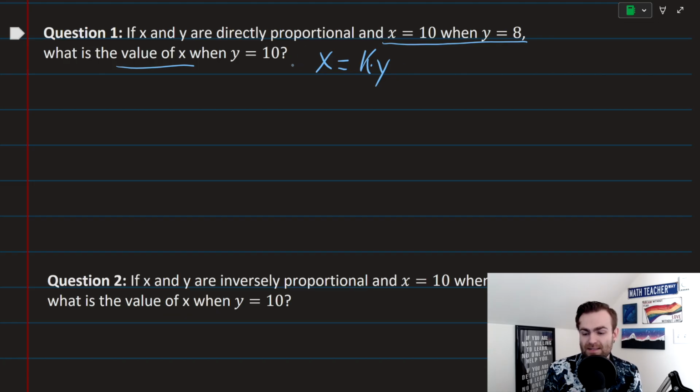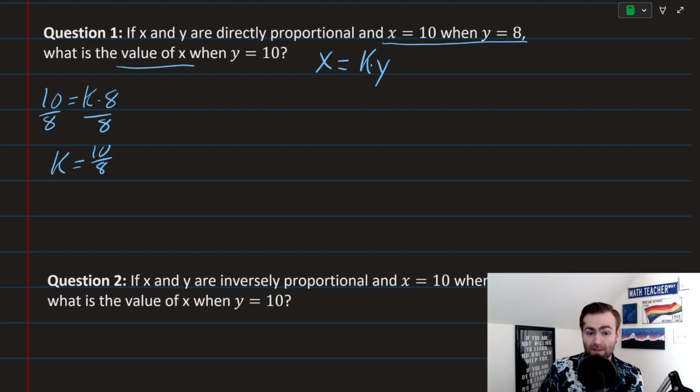So using this setup, we have 10 is equal to k times, not y, in this case it would be 8. So to solve for the k, we can divide both sides by 8. And in doing so, we get k is equal to 10/8, which is reducible.